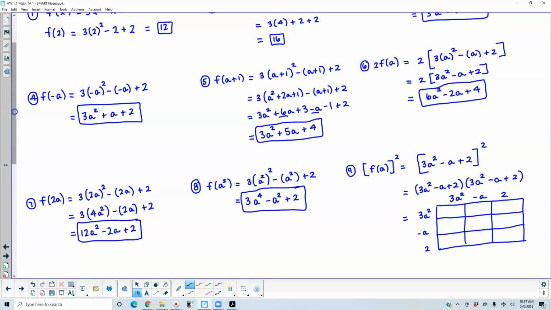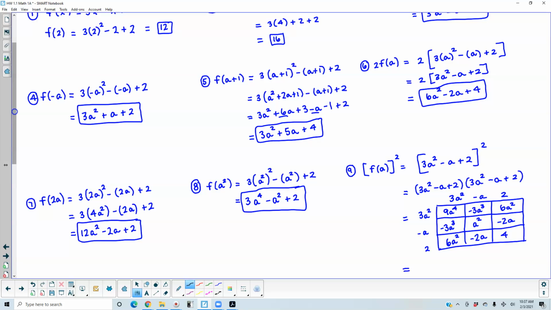So I'm going to find the area of each square. 3a squared times 3a squared is 9a to the 4th. 3a squared times minus a is minus 3a cubed. 3a squared times 2 is 6a squared. Negative a times 3a squared is negative 3a cubed. Negative a times negative a is positive a squared. Negative a times 2 is negative 2a. 2 times 3a squared is 6a squared. 2 times negative a is negative 2a. And 2 times 2 is 4.